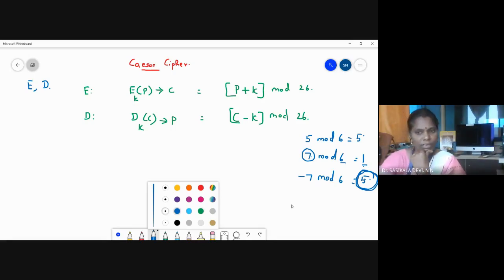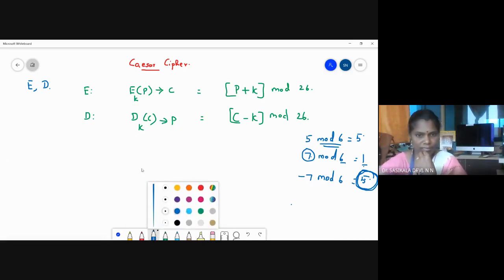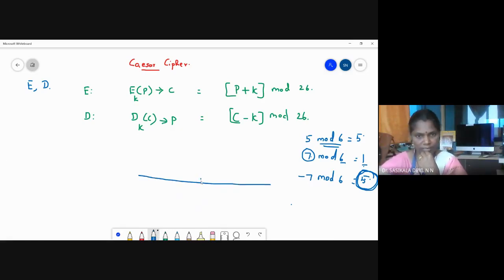Modular reduction means finding the remainder, the residue. Let's mark 3 and take multiples of 3: 0, 3, 6, 9, and on this side minus 3, minus 6. This is the number line diagram, mod 3.